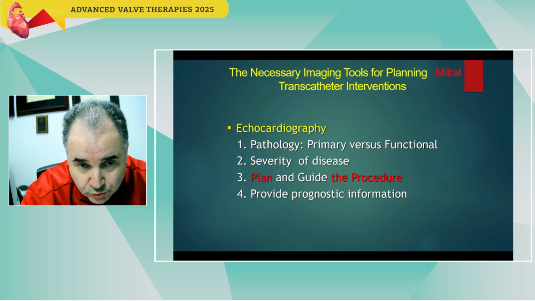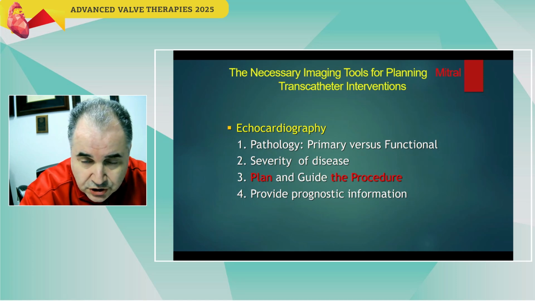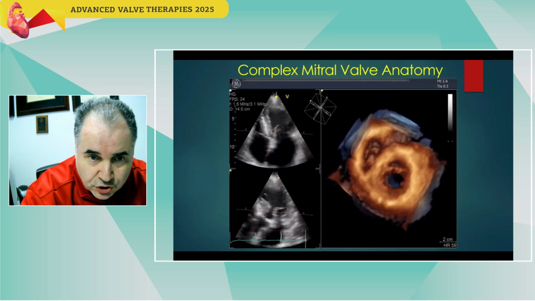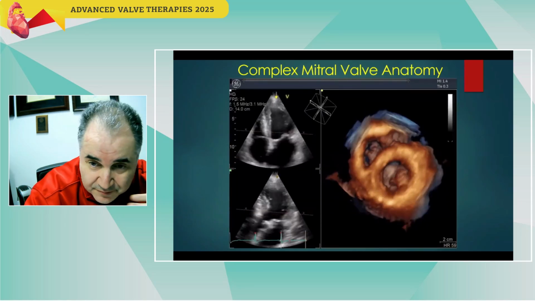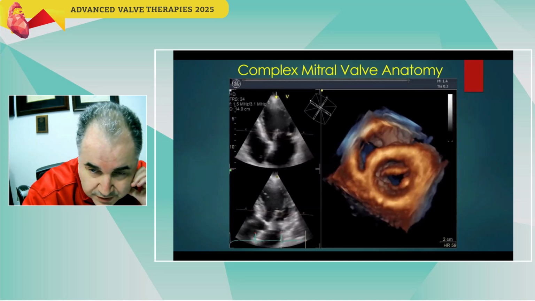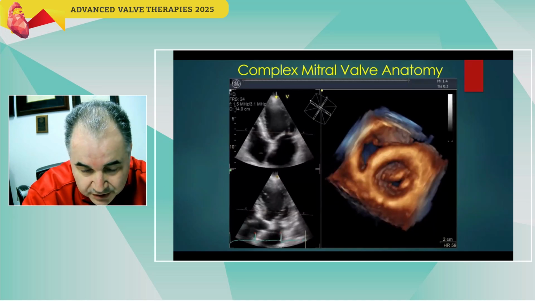Echo, especially for the mitral valve, is very important to distinguish primary versus functional MR, the severity of the disease, and of course to plan the procedure. We talk a lot about the mitral valve because, as the surgeons especially know, the valve is very complex and it is difficult to find the right device.